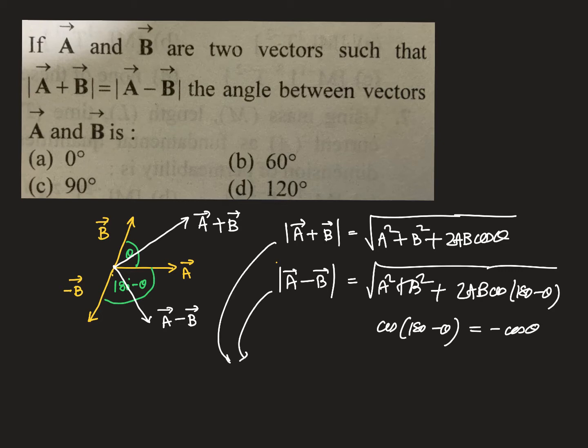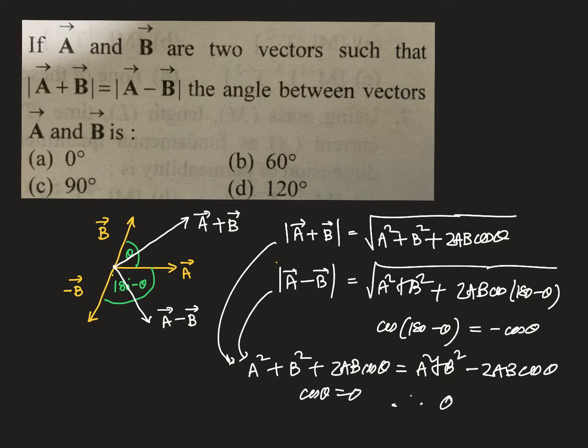So we can square both sides and equate. A square plus B square plus 2AB cos theta is equal to A square plus B square minus 2AB cos theta. So cos theta is equal to 0, implying theta is 90 degrees. So the answer is: the angle between A and B is 90 degrees.